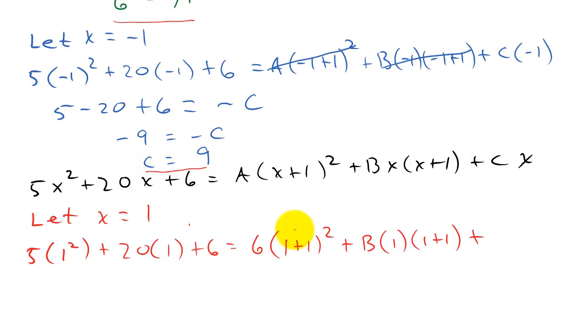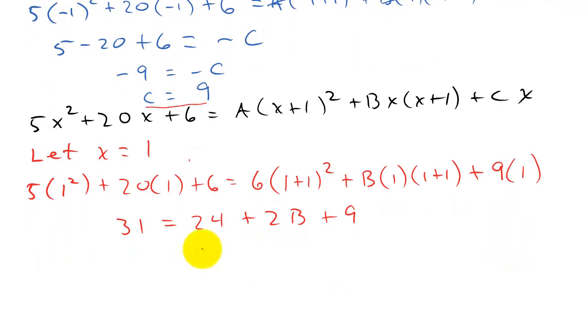C is 9. So I'm going to plug the 9 in for C, and I'm plugging 1 in for X. After I do all of this, it gives me 31 equals 24 plus 2b plus 9. And so that leaves me with b equals negative 1.